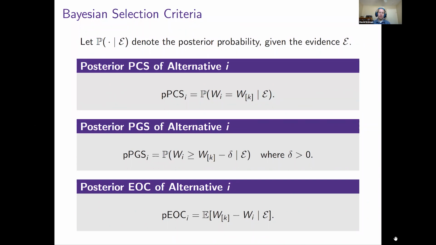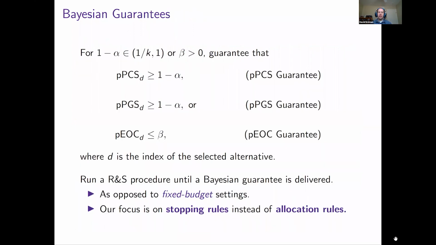From looking at these, you can maybe see that these would be computed by doing some form of integration against the posterior distribution that we just saw in the previous slide. And these different selection criteria can then appear as statistical guarantees that you want a procedure to deliver. So as a decision maker, I could specify a level 1 minus alpha, so maybe something like 0.95.